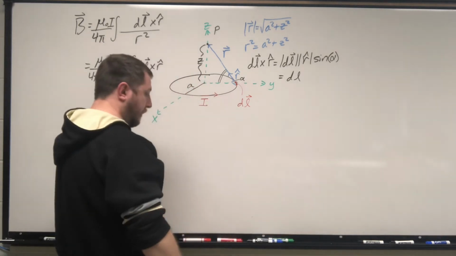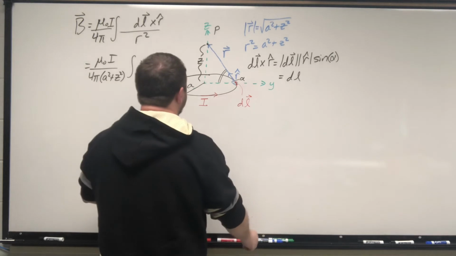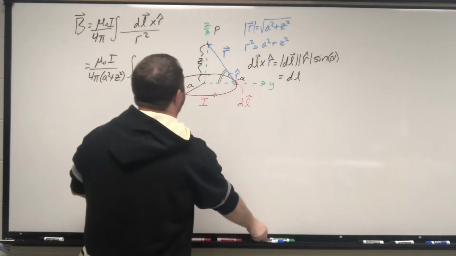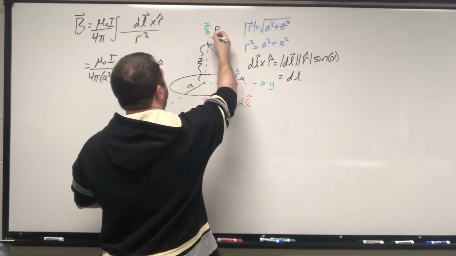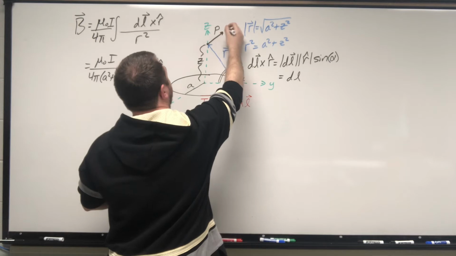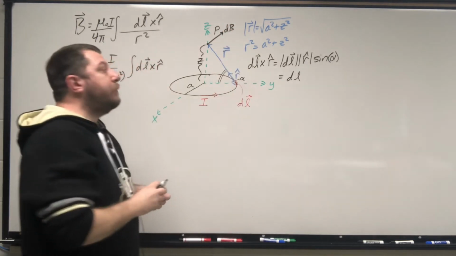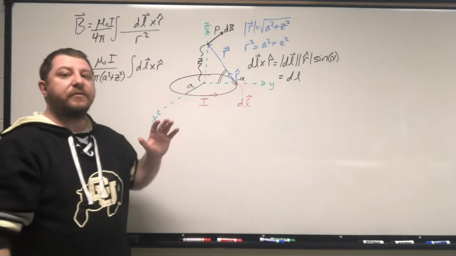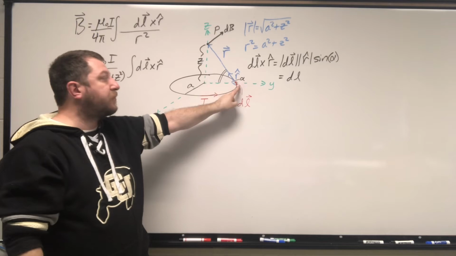And what color do I want to use? I'll use black. I didn't necessarily want to use black, but we'll use black. So your magnetic field vector is going to come off like this. And I'm going to label it dB because this is the differential magnetic field contribution from this differential element.